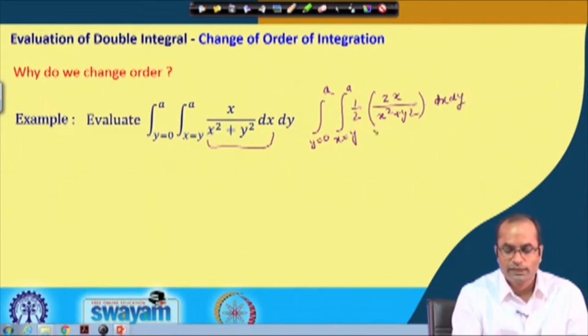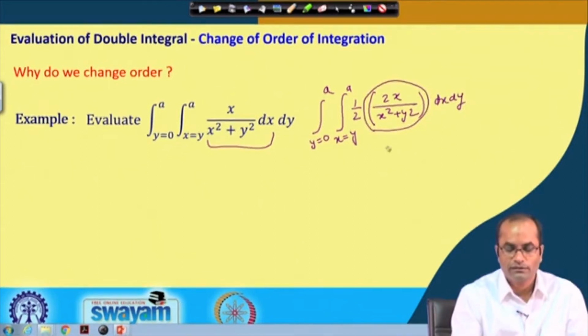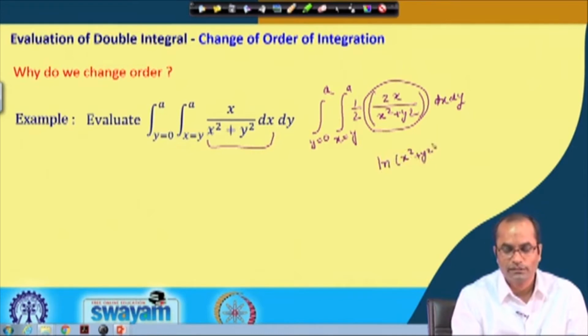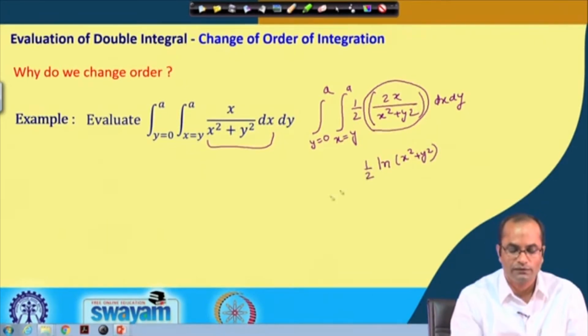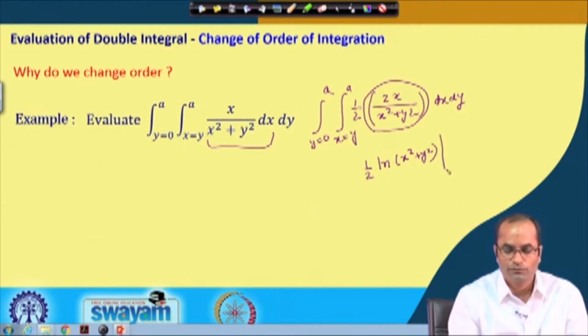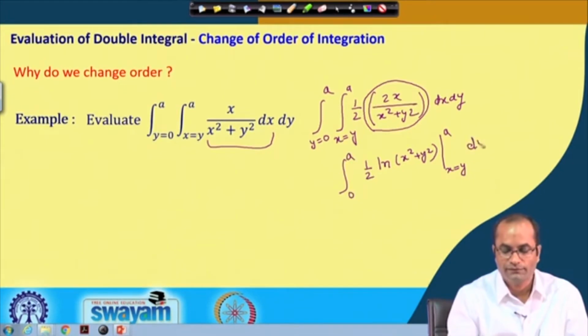With respect to x, this will be the logarithmic function. So we will have the ln of x squared plus y squared, with the half, and then we have to put the limits for x from y to a, and then the outer one 0 to a, and we will have dy.